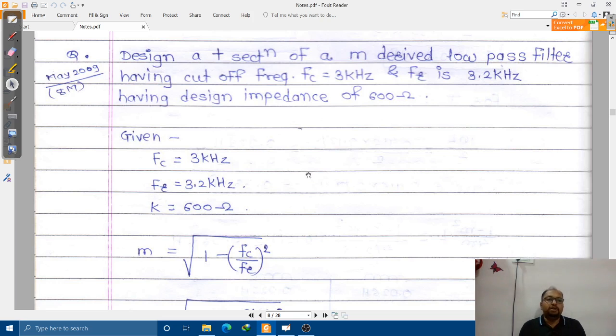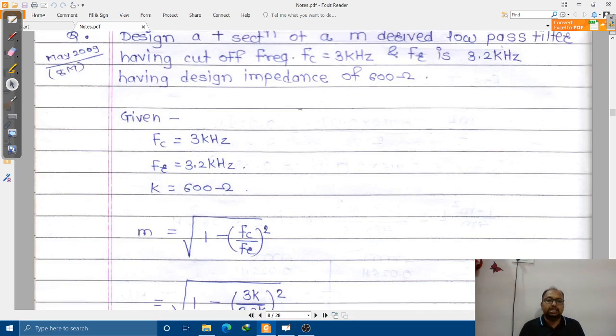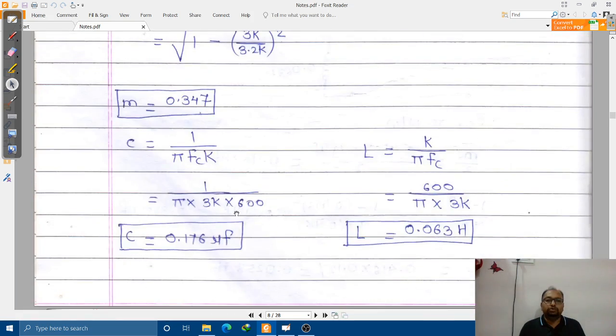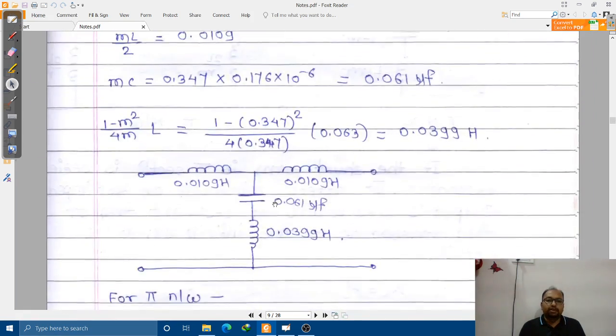So this is the problem for you for 8 marks, if it may be asked in your examination. Remember that this question was asked in May 2009 in the Shivaji University syllabus. So you have to solve this.